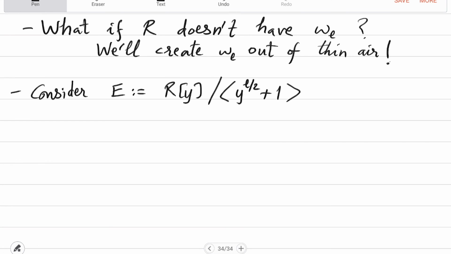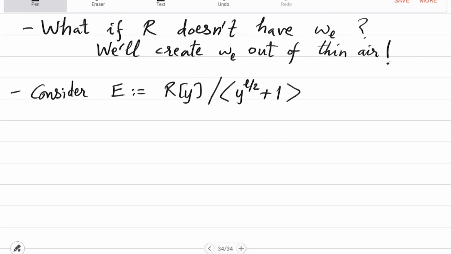If you look at the multiplicative order of the element y in this ring extension E, y to the L by 2 is minus 1, and L is a power of 2, so hence the order of y is actually L. I think you will also be fine with y to the L minus 1, but at this point I want to avoid that.